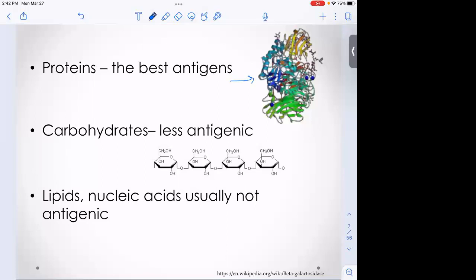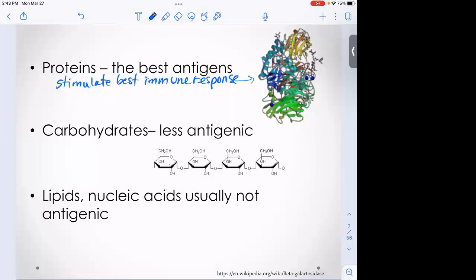So we'll say they stimulate the best immune response. Something that's a carbohydrate usually is less antigenic because carbohydrates are usually the same molecule over and over and over again. So starch is just lots of glucose, glucose, glucose, glucose.